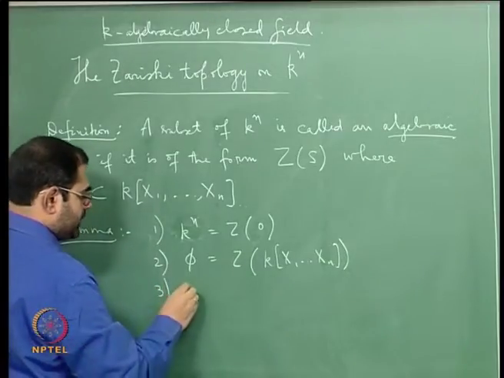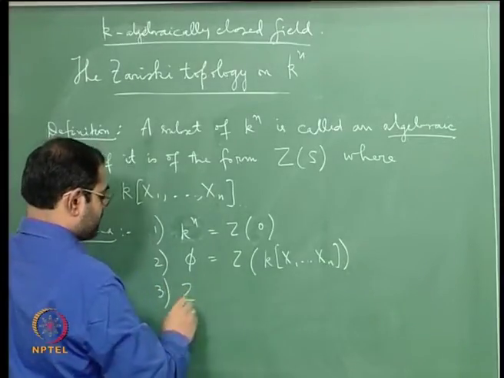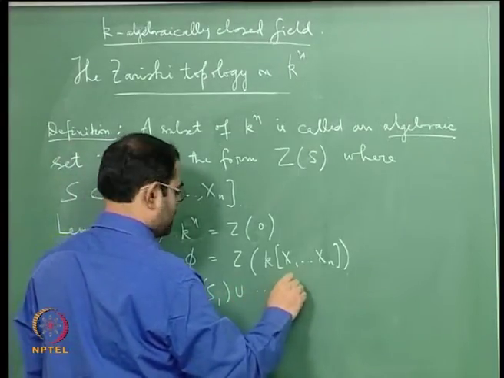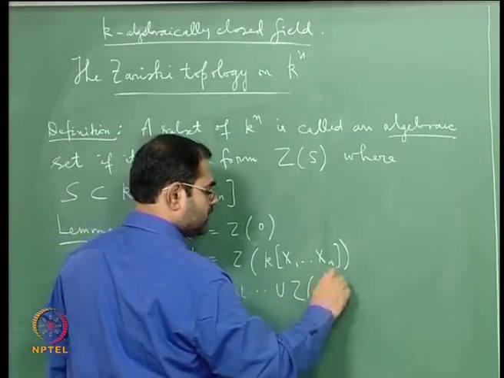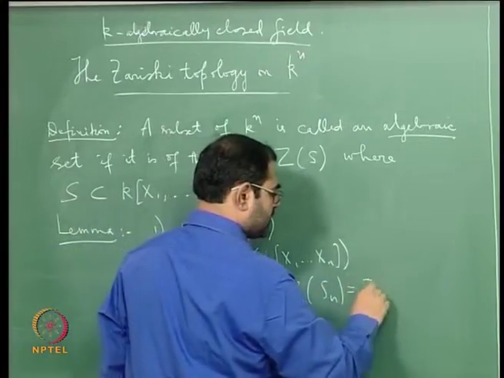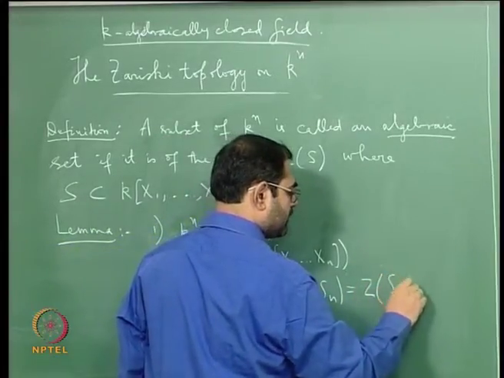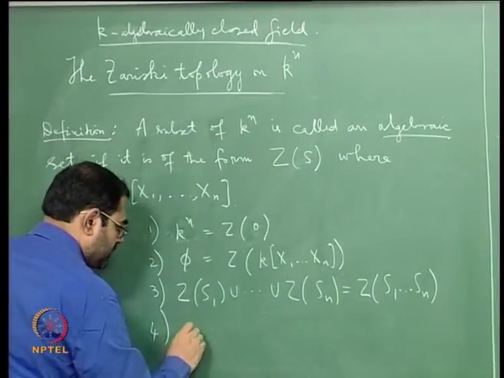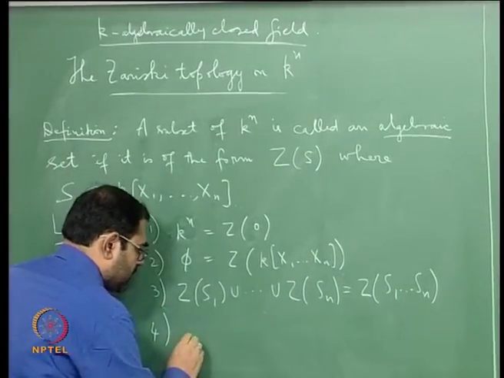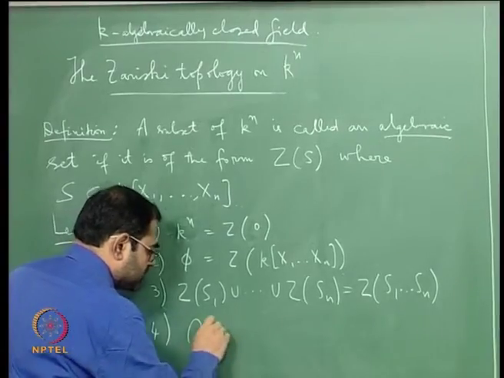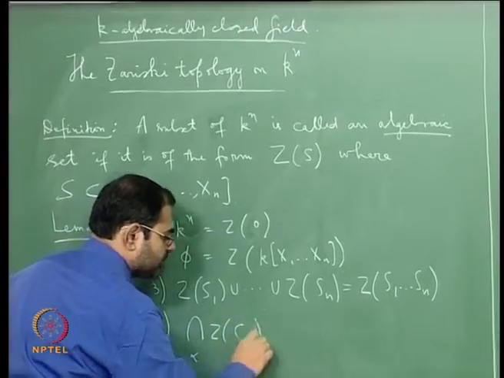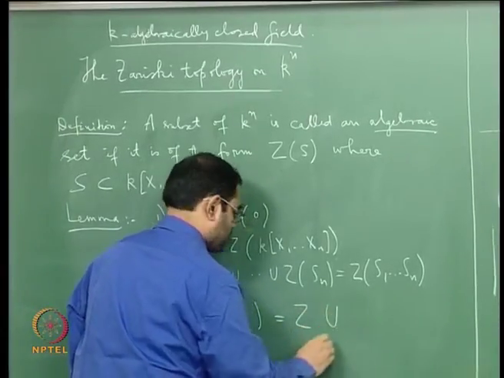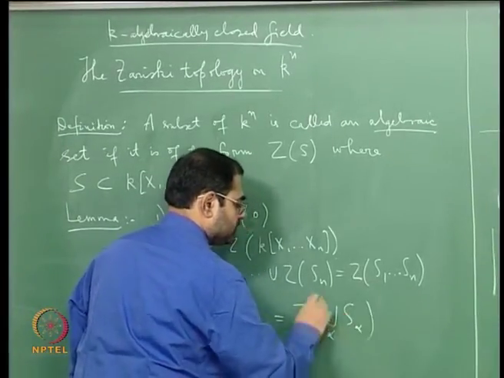Third one is Z of S1 union and so on, Z of Sn is Z of S1 dot Sn. Fourth one, the intersection over alpha of Z of S alpha is Z of the union over alpha of S alpha.